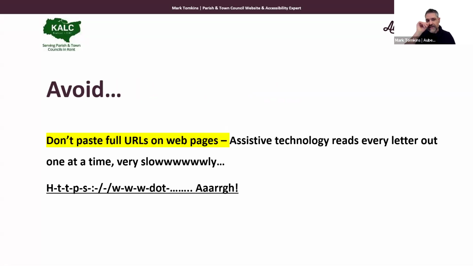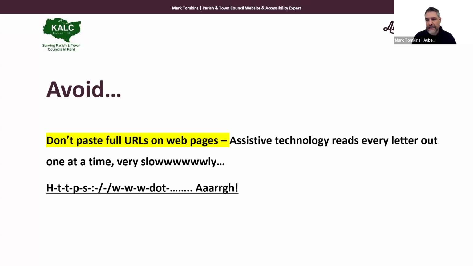And whilst we're on the subject, please, please, please avoid dumping whole URLs onto your web pages like this. I see it every day. I see lots and lots of parish and town councils that just plop the whole URL on there. Why should this be avoided? It should be avoided because assistive technology reads URLs one letter at a time very slowly.